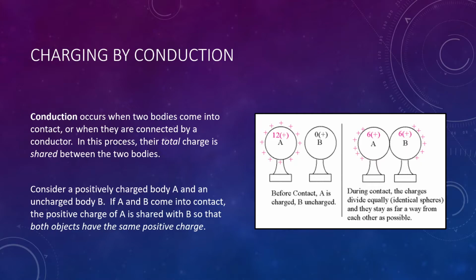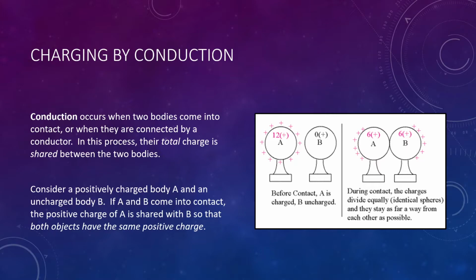So as an example, I have an image here on the right. You can see object A has a charge of positive 12. Object B has a charge of 0. So in this process of conduction, let's touch them together. Their total charge, which is 12 plus 0, is then equally shared between the two.